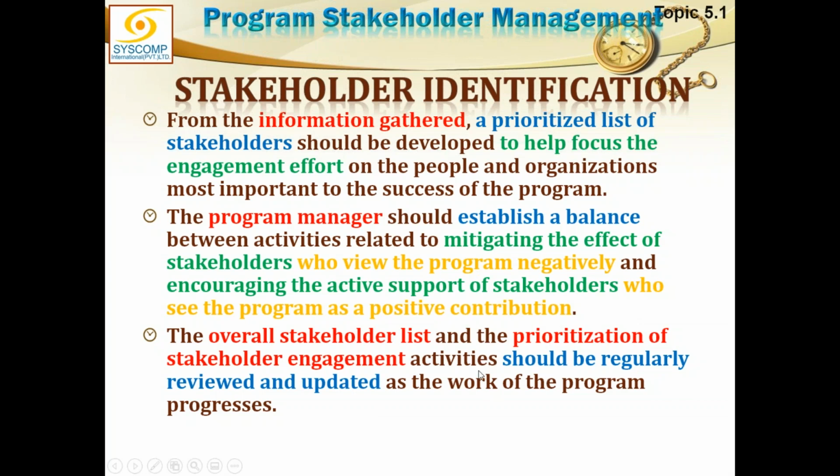So you have to decide what kind of environment you are passing through, which stakeholders are negative and which are positive at this time, and how to make use of the positive contributions. The overall stakeholder list and the prioritization of stakeholder engagement activities should be regularly reviewed and updated as the work of the program progresses.